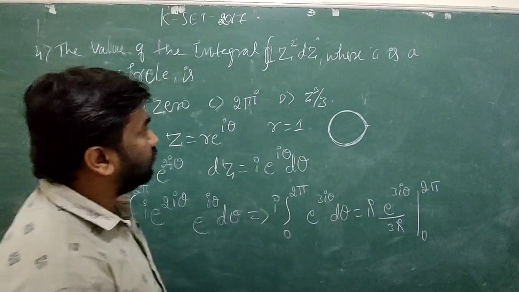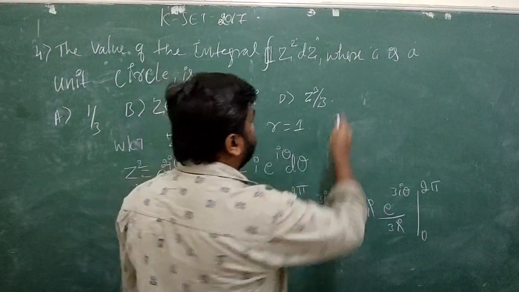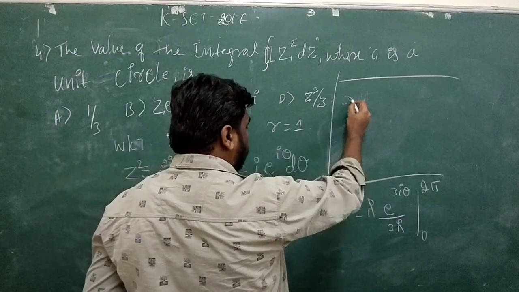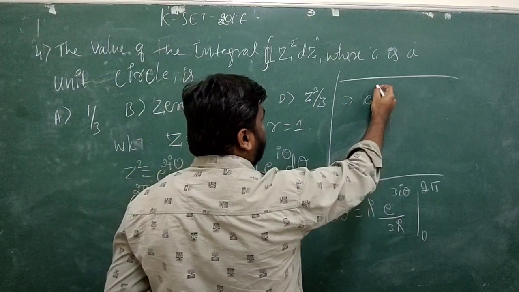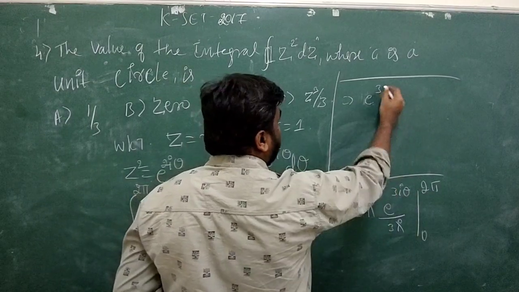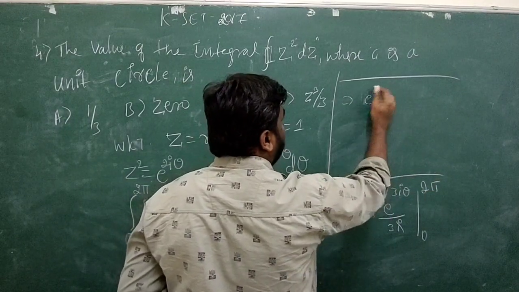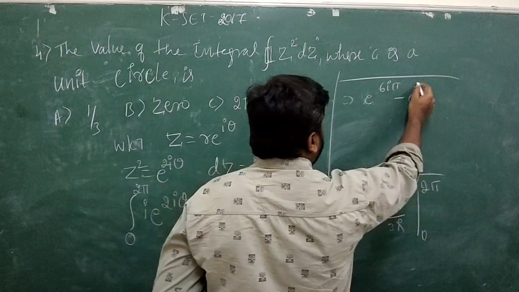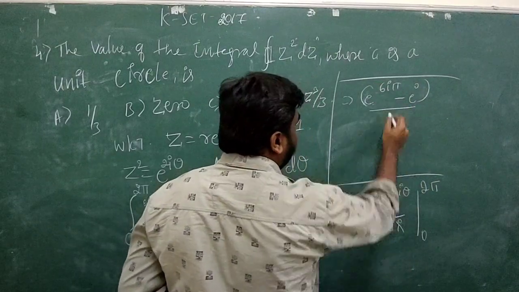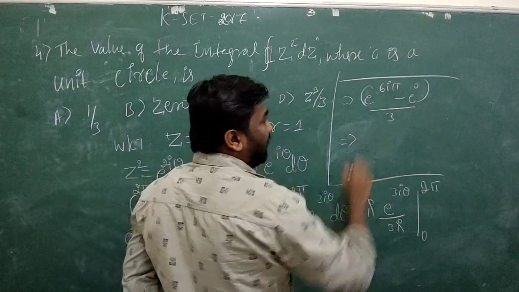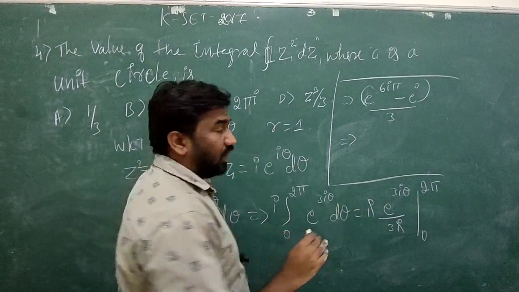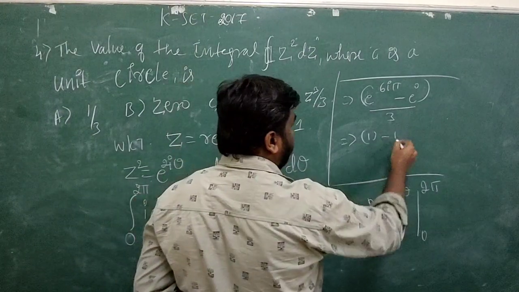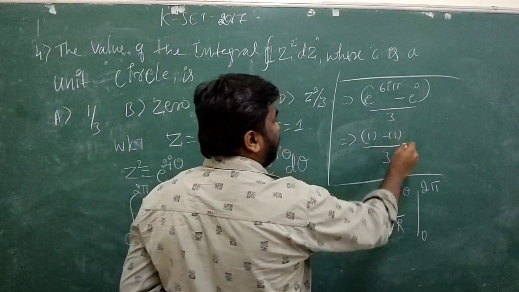Next, substituting, this is equal to e power 6i pi minus e power 0, divided by 3.